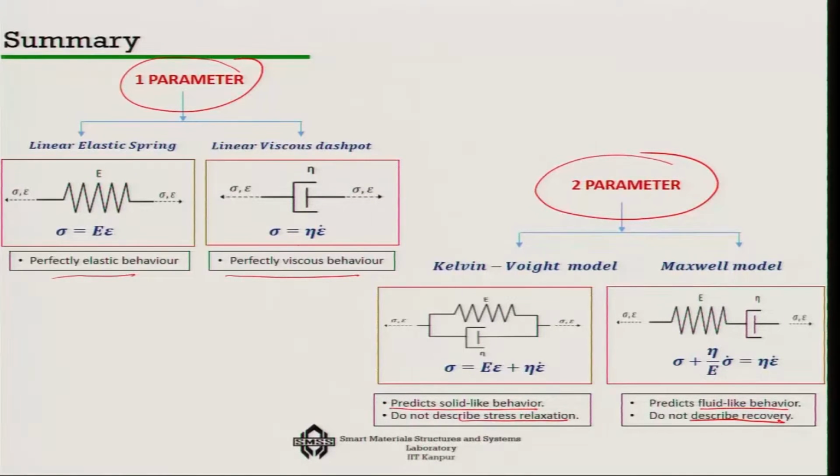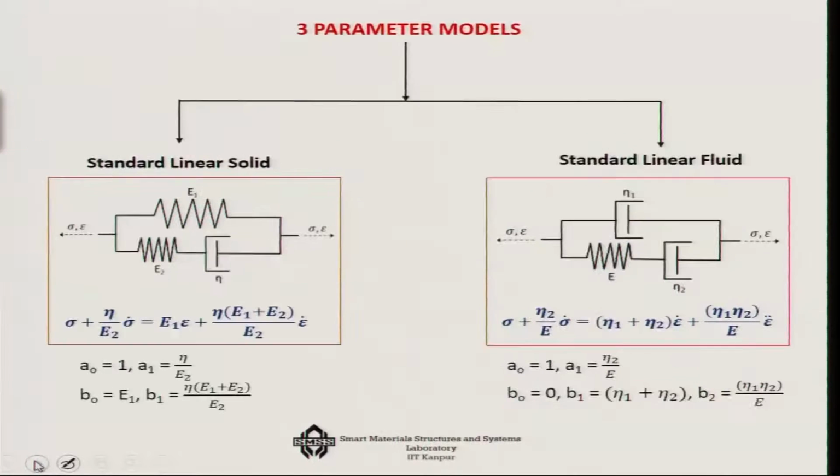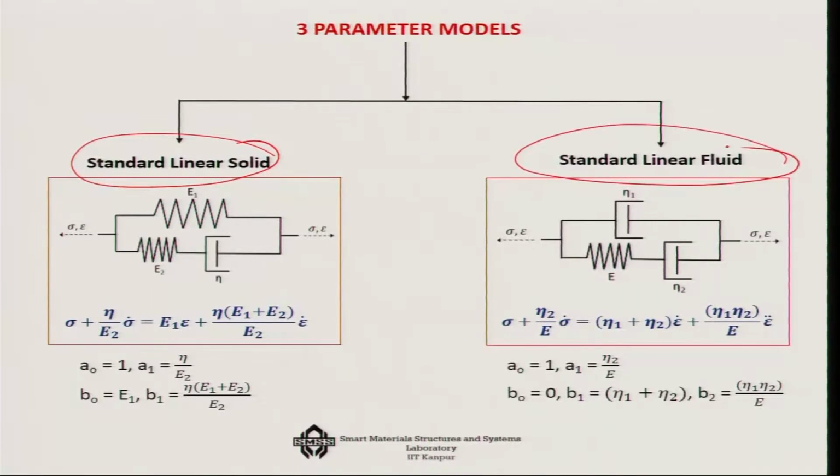In order to do that, we have worked on higher order models. These are the 3 parameter models, like the standard linear solid model and standard linear fluid model. And even if we get a nature which is not satisfied by these, then we go for Burgers model, which we have described, and these are the relationships of the various parameters in these models.